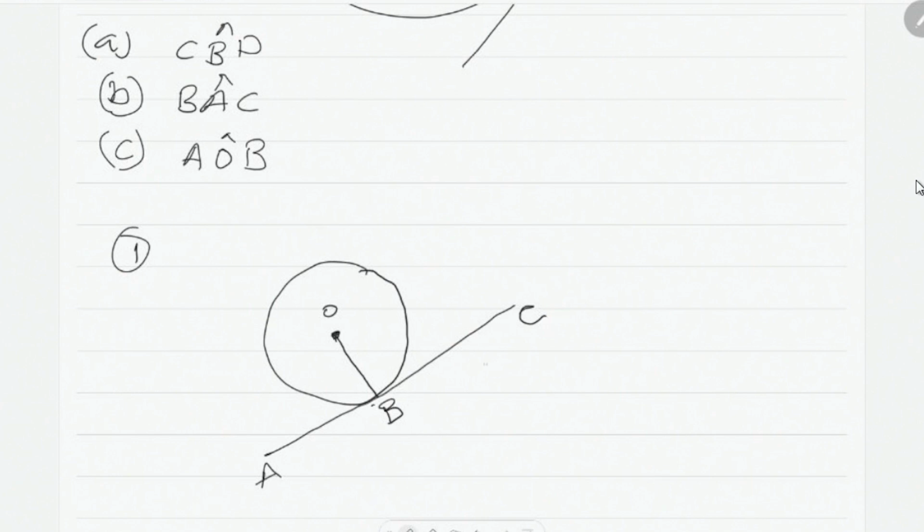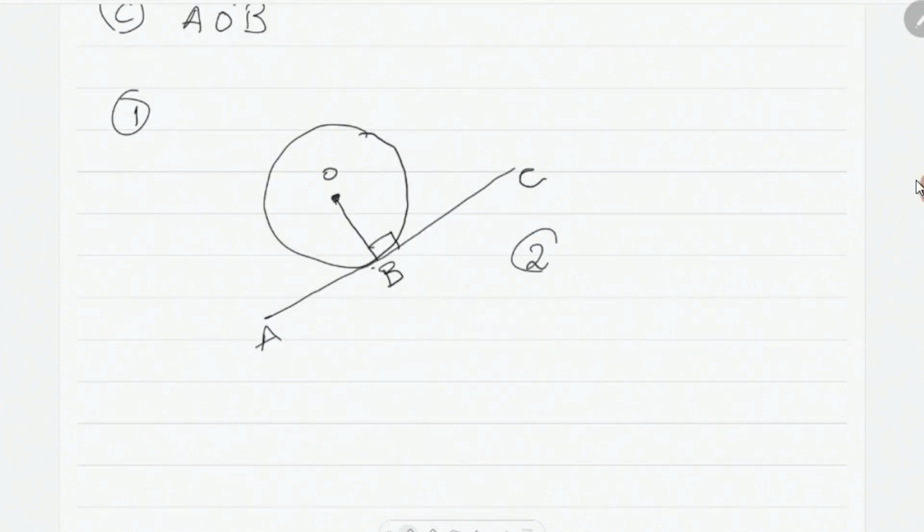What we are saying is that the line OB is perpendicular to the tangent, meaning at the point of intersection, they form a 90 degrees angle. So angle OBC is equal to 90, and so is angle OBA. That is the first property.